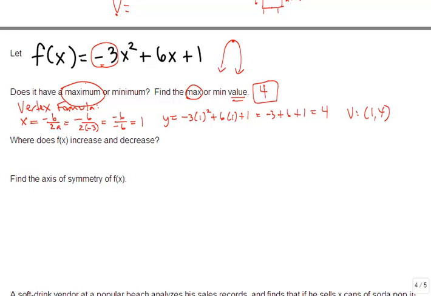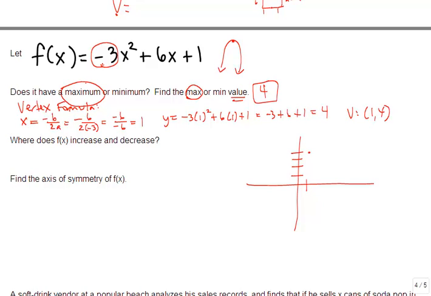Now where does this function increase and decrease? You can get very, very particular about how you graph this, but I'm just going to do a really rough sketch. We know that this parabola has a vertex at 1, 4, and it had an a value of -3.